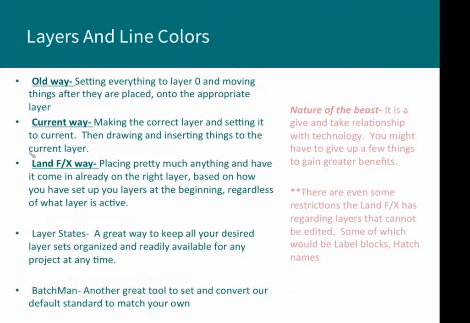All right. So as we take on that old way versus the current way and versus the Land F/X way, a great example for layers and line colors is setting everything to layer 0 and then moving that item to the appropriate layer. That's definitely one of those that people claim to be the industry way or the CAD standard way.